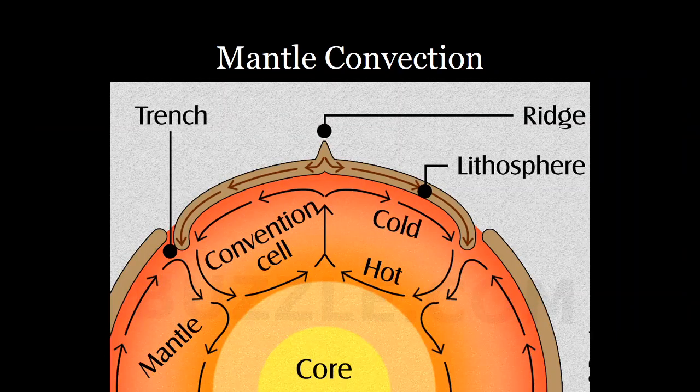The reason why these plates move is because of mantle convection. So just like as we talked about in the atmosphere with atmospheric convection, in which the atmosphere can circulate because of differences in temperature, and that can move air around, the same process can happen in the Earth's mantle, where you have the core of the Earth heating up the mantle, and that heat allowing the mantle there to rise, and then once it hits the crust, it separates and comes back down as it's cooled.